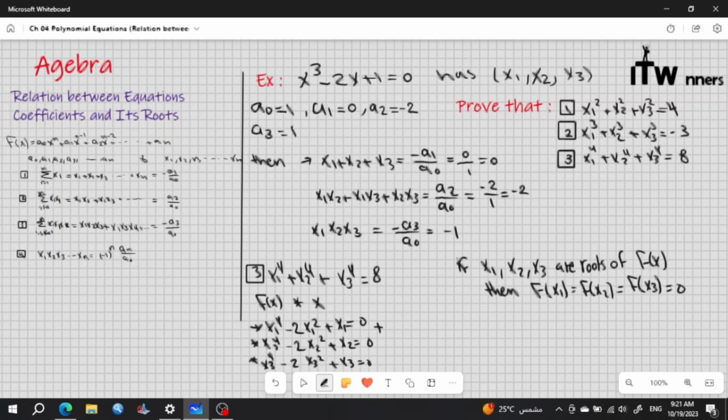Then we get the summation of the three equations.